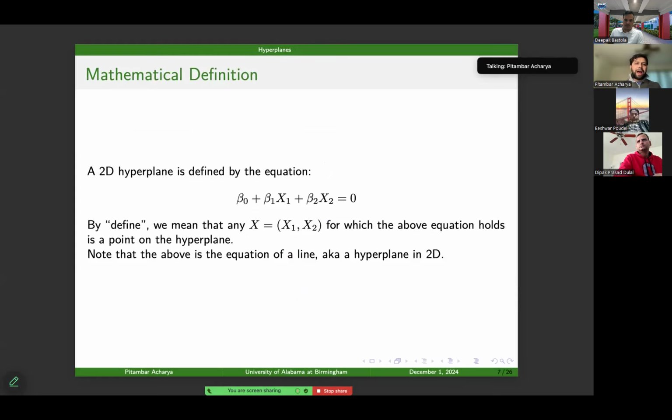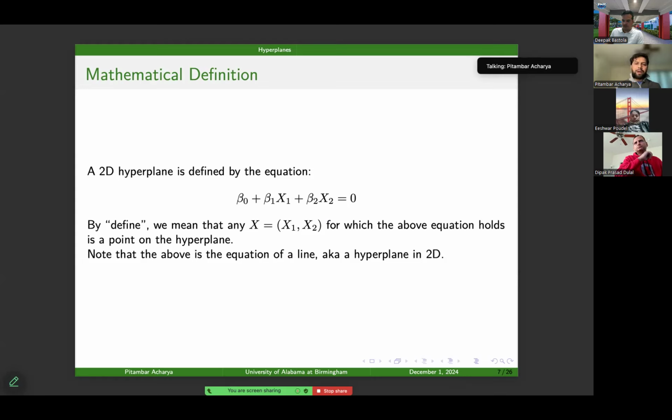If we have a 2D hyperplane, then we denote the equation of a hyperplane by this equation: b0 plus b1 x1 plus b2 x2 equals 0, where b0, b1, b2 are constants, and we define a point x. Since this is two-dimensional, we have two components, x1 and x2.